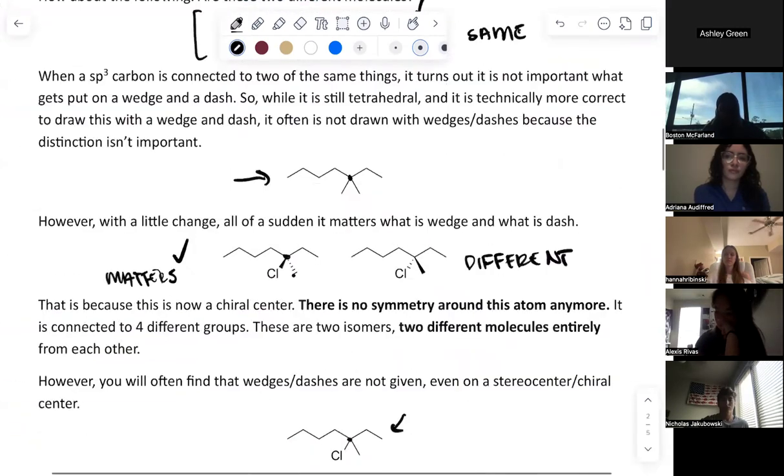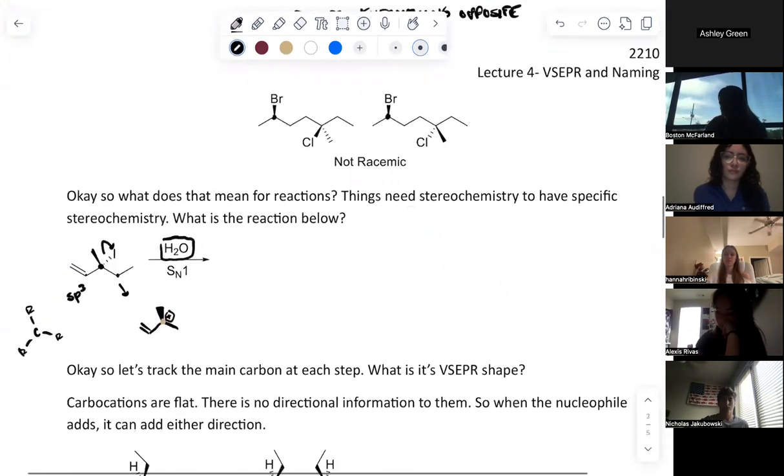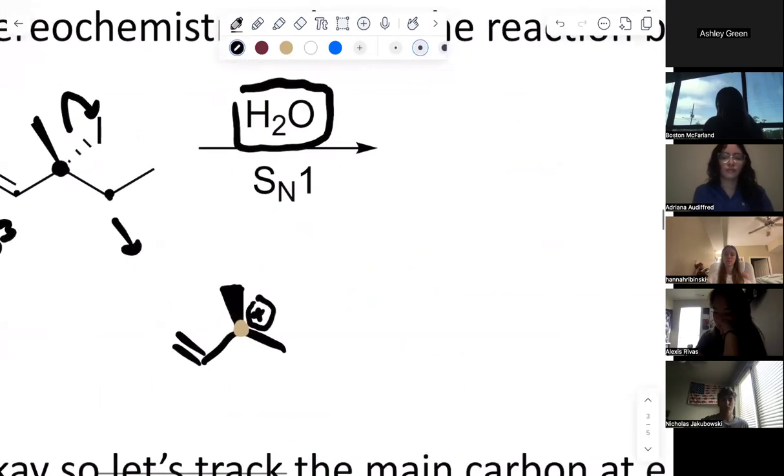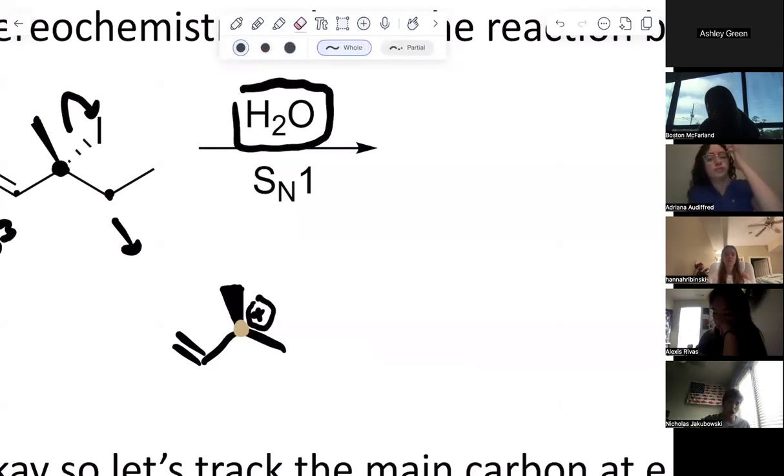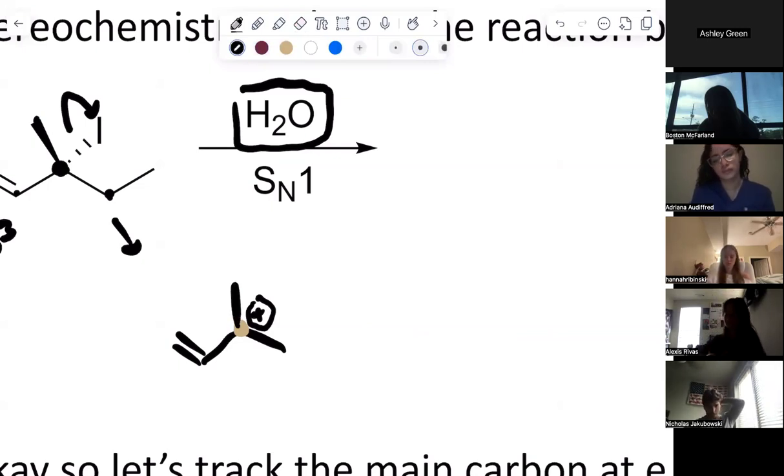It is trigonal planar. If this carbon is planar, can it have a wedge or dash on it? No, it can't. There cannot be a wedge or dash on this carbon anymore because it has gone from being sp3 to sp2. It has become planar.